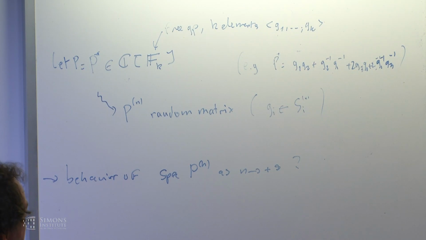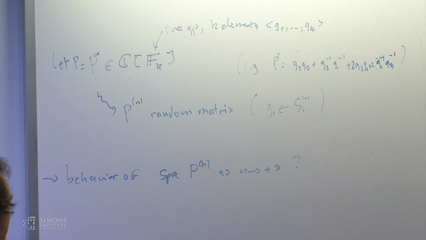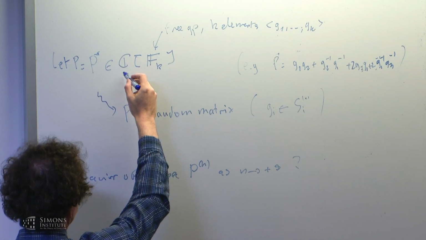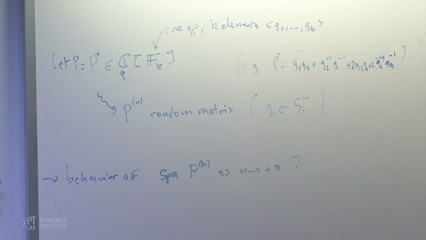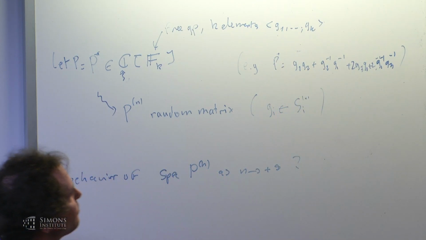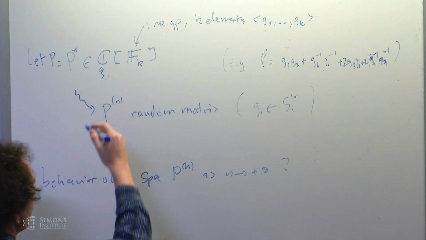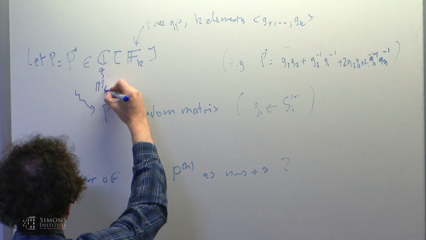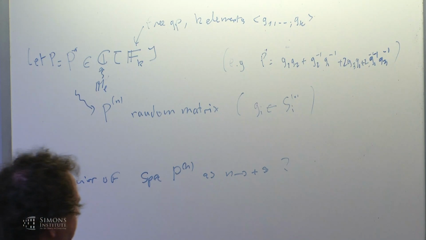Let me make one more remark before I continue, to clarify to which extent I want to study the problem. Here, I'm taking complex valued coefficients, a linear combination of elements in the free group with complex coefficients. I could actually allow myself to take a linear combination with matrix coefficients.